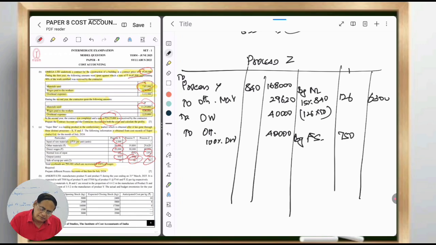So if we balance, we will find out whether abnormal loss or abnormal gain. Which side is greater? This side is greater. So 126 plus 750, that is 876. Input is only 840, but output is 876. So there is an abnormal gain. 876 minus 840, that is 36 units abnormal gain.